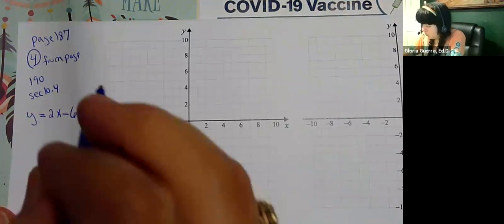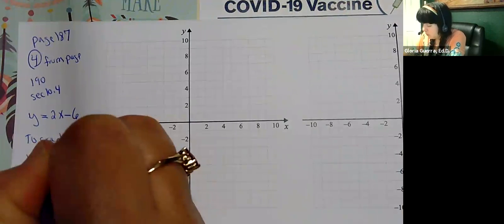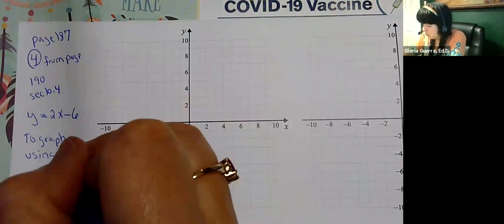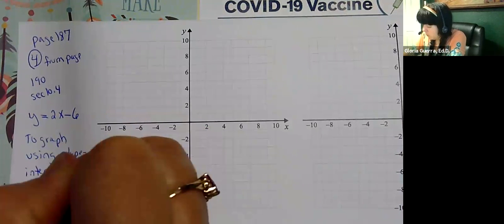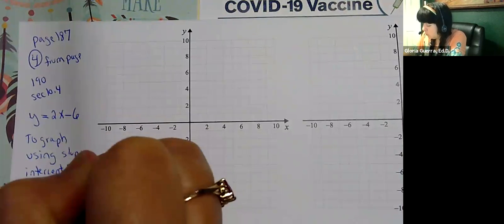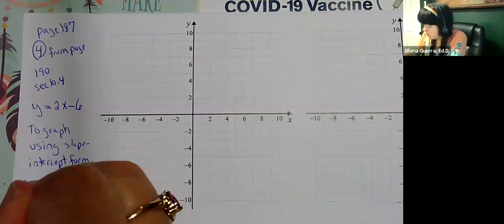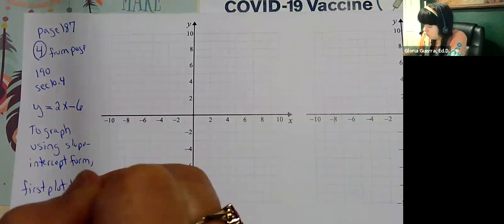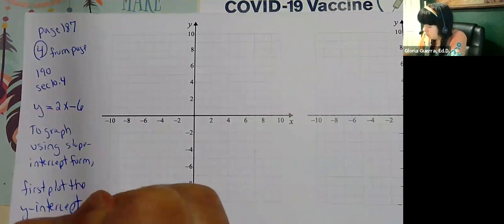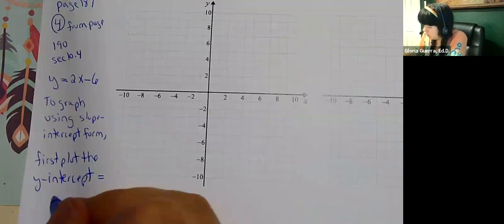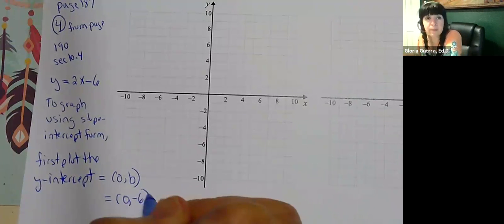So to graph, not using a table, but using the slope-intercept form, you would first plot the y-intercept, which is equal to 0, b, which is equal to 0, -6, right?